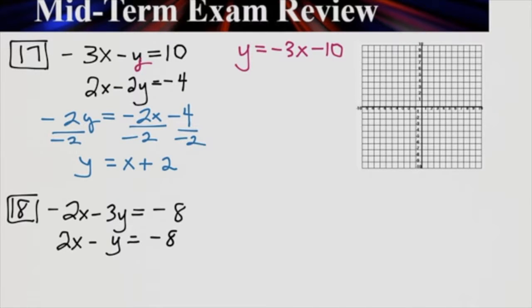Let's graph the negative 3x minus 10 first. I'm going to put a 0 in for my first equation, because if I put in 0, I get negative 10, which makes it easy to just do the slope, which is negative 3 over 1.